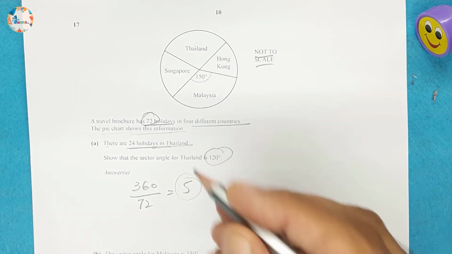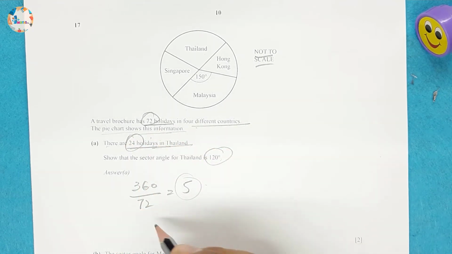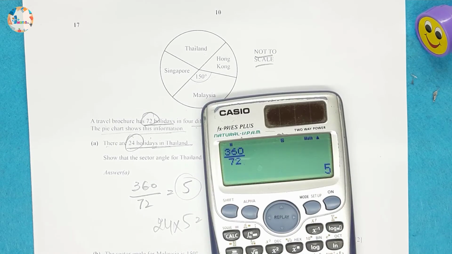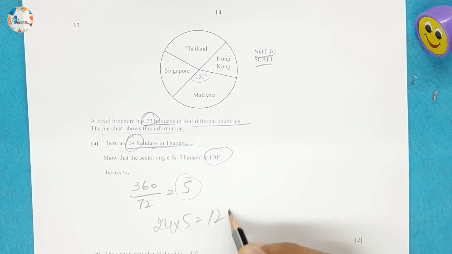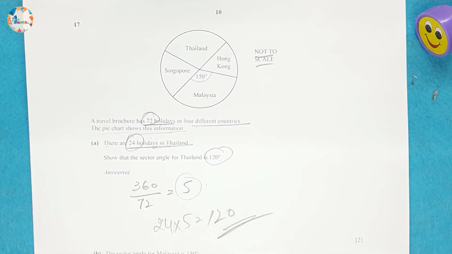So this 5 we will multiply with 24 holidays. So 24 multiplied by 5 is equal to 120. So this will be our final answer: 120 basically is the final answer for this. Basically we have to show this, so this is matching.